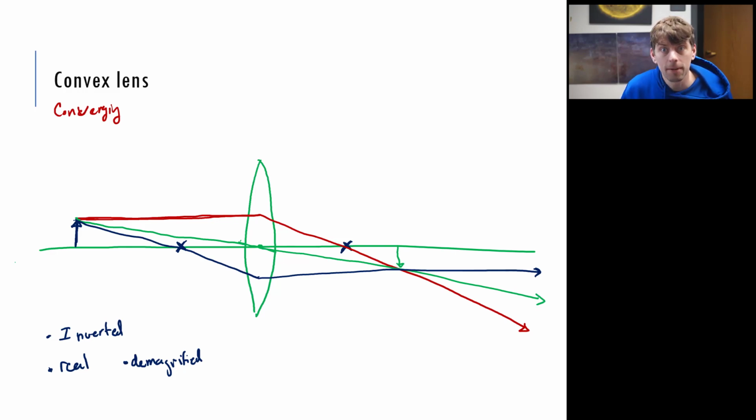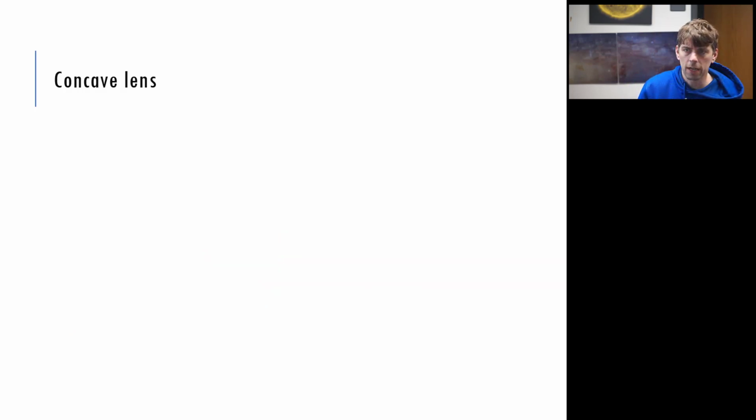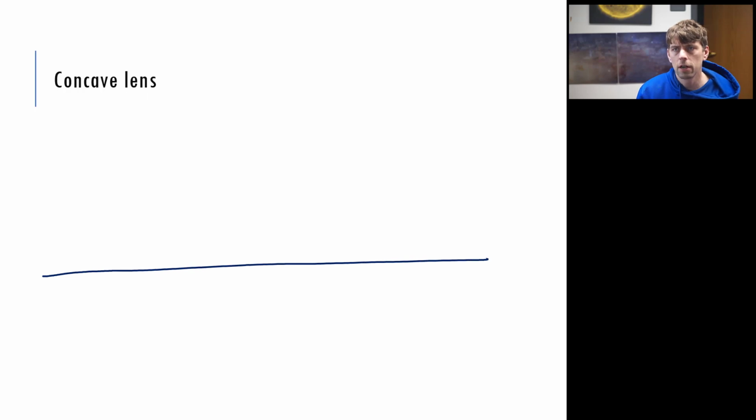Well, for the sake of argument, let's go ahead and do a diverging lens as well. Again, optical axis. And here, because it's concave, rather than bowing outwards, it should curve inwards a little bit, so it's thinner in the middle than it is at the edges.